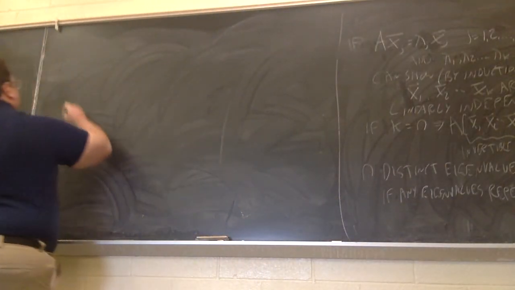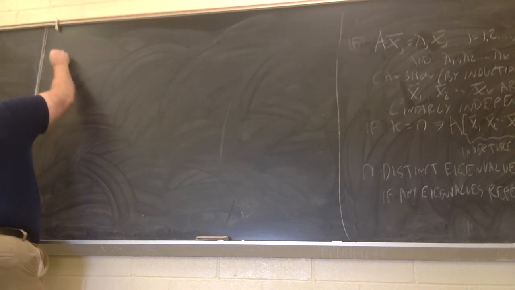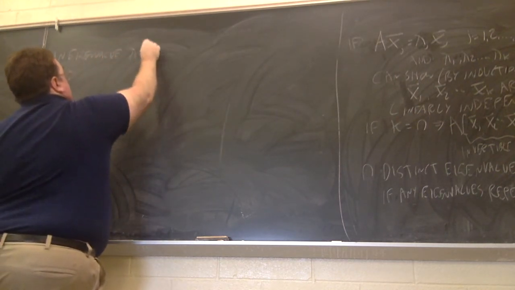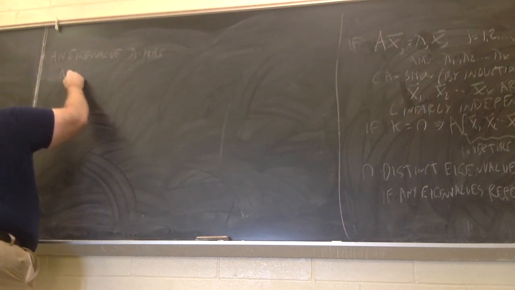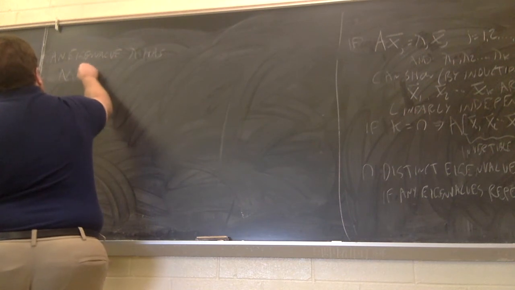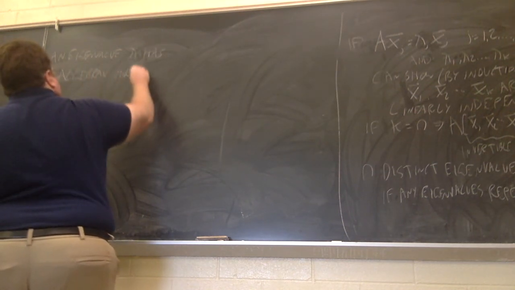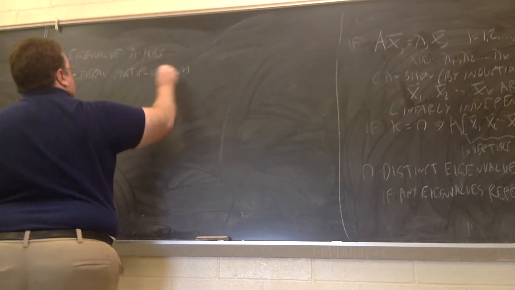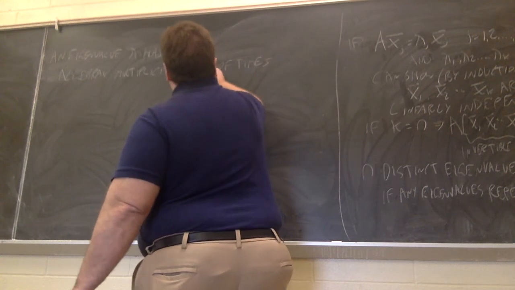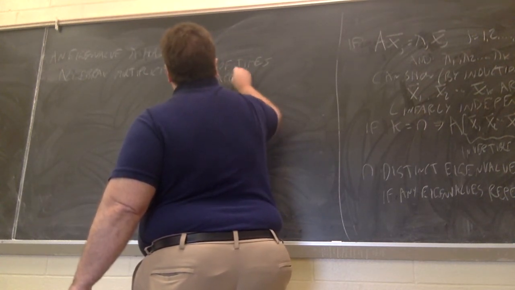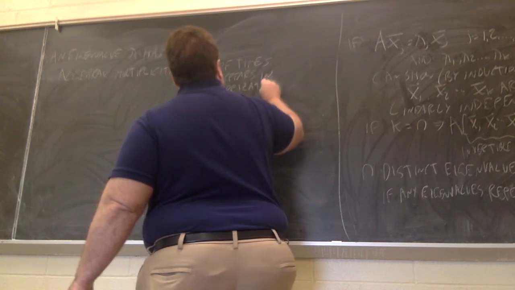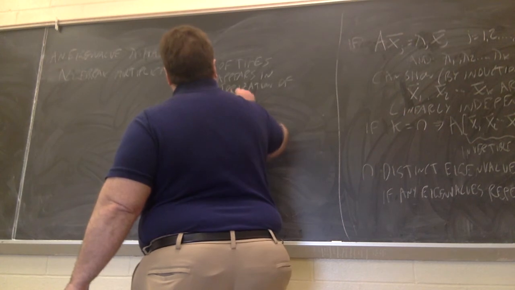So any eigenvalue lambda has an algebraic multiplicity, which I'll call M. And that is the number of times lambda appears in the factorization of the characteristic polynomial.